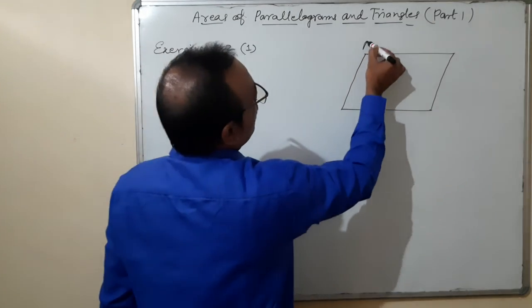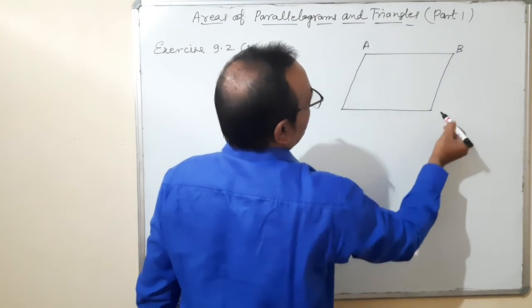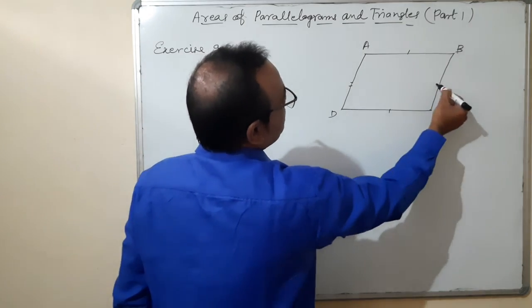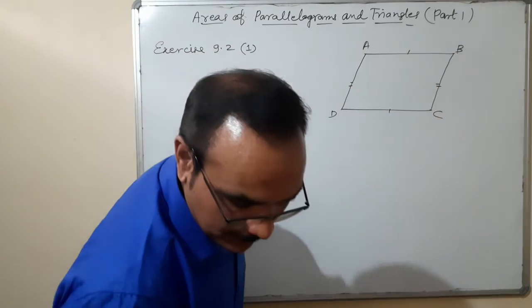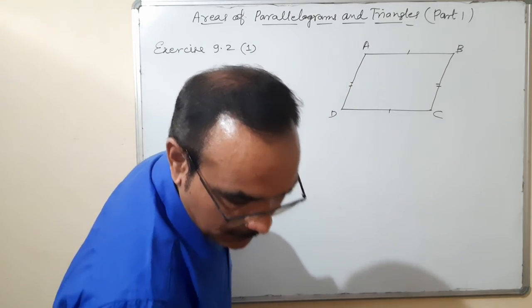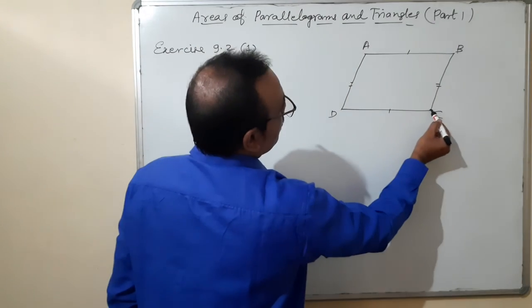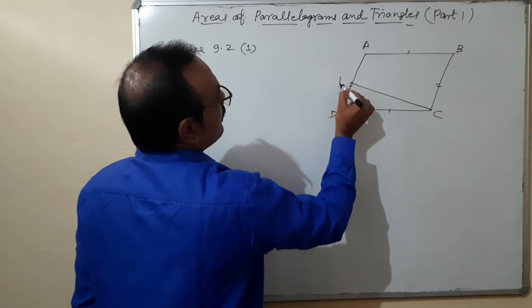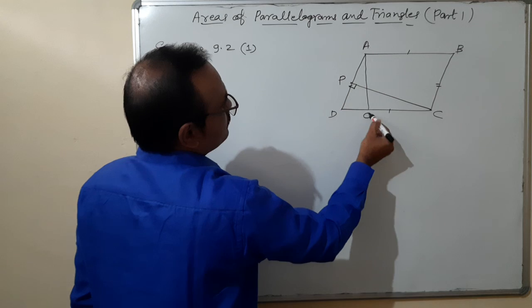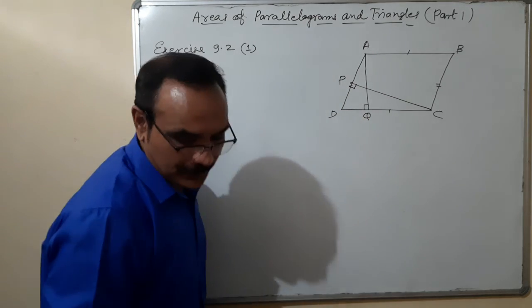Opposite sides are equal and parallel. And two perpendiculars, CP and AQ, are given.